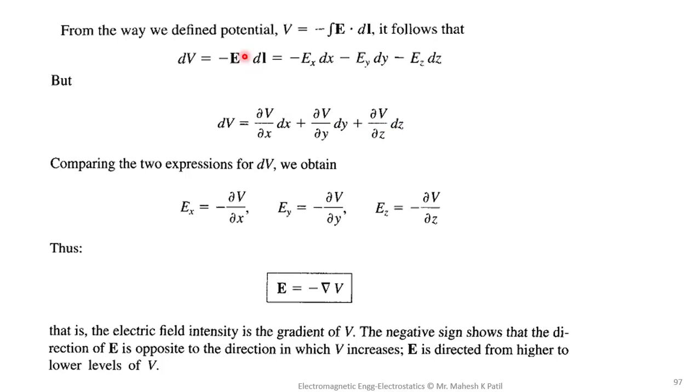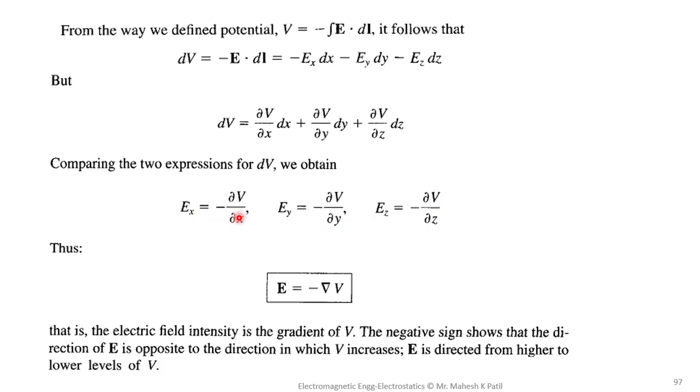By observing these two equations for dV and comparing, we can write Ex equal to minus dV by dx, Ey equal to minus dV by dy, and Ez equal to minus dV by dz.